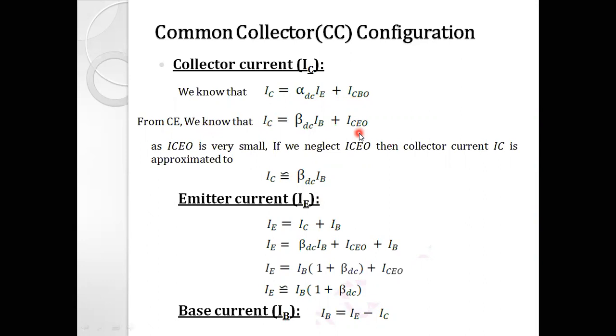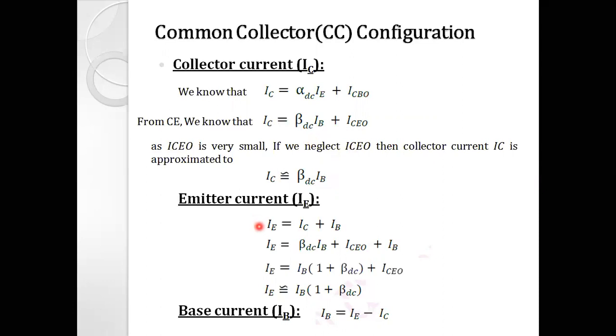We know that ICEO is very small, and if we neglect ICEO, then the collector current is approximately equal to beta DC into IB, right?